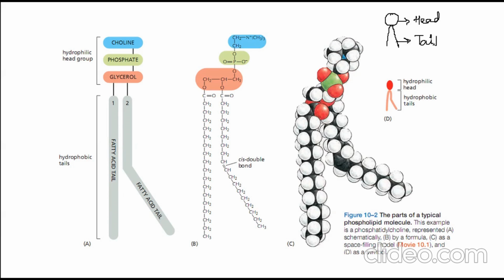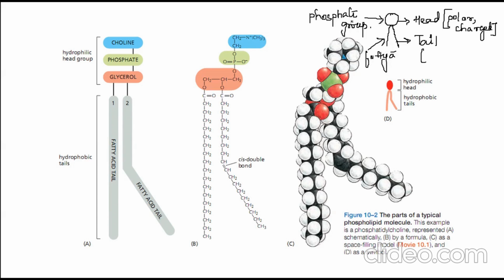The head region is polar and charged. The head region is made up of phosphate group, and the tail region is made up of fatty acid.